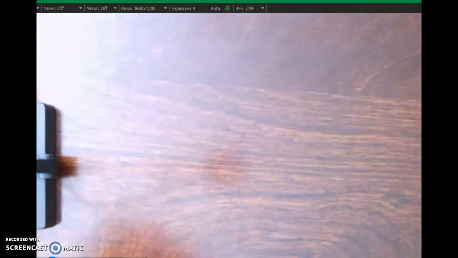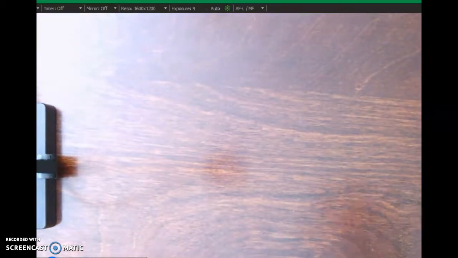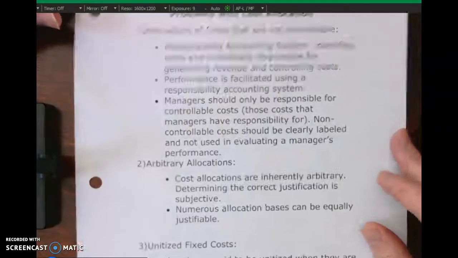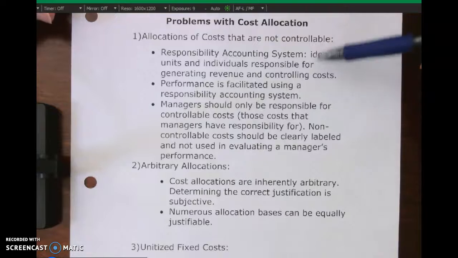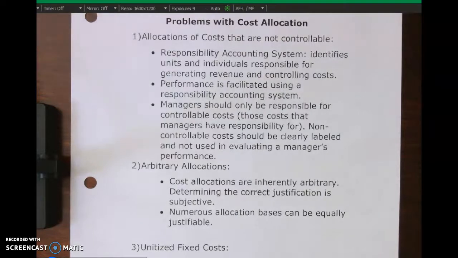So continuing on to the next page, let's talk about some problems with cost allocation. The first one is the allocation of costs that are not controllable, which would not be fair. We've talked about that before: managers should only be held accountable for the costs that are in their control.